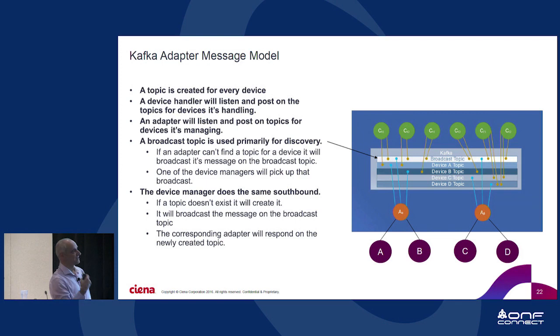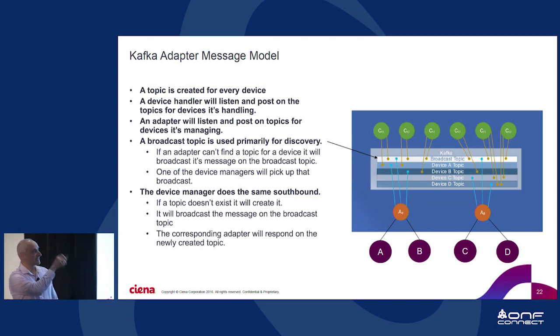So what happens is that every time a new device appears, a new topic gets created, and the communication happens through there. Should a message come up through one of these adapters that doesn't have a device topic created, it will post it on the broadcast topic, and it'll get picked up by one of the device handlers and handled that way.